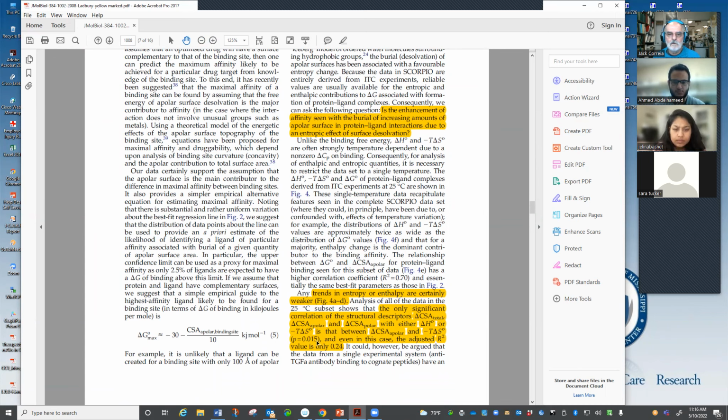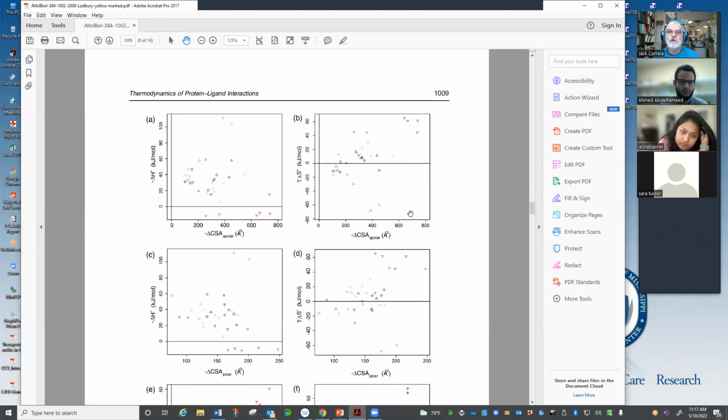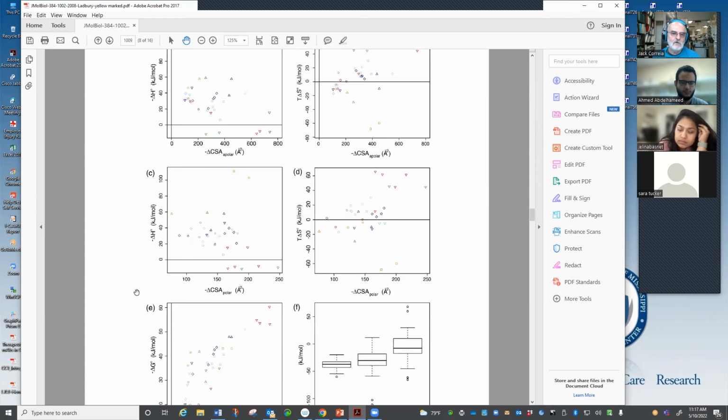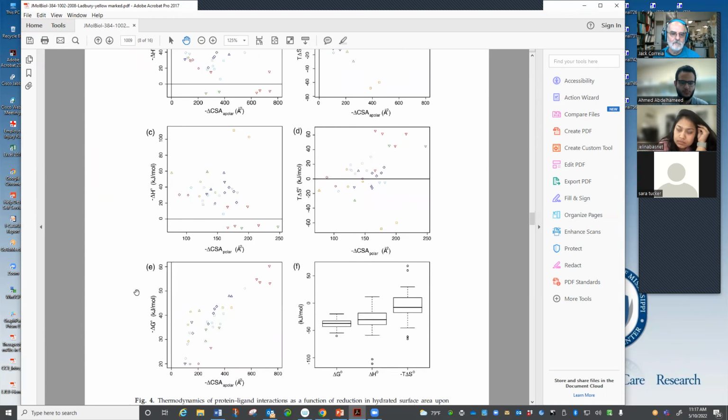And even in this case, the adjusted correlation is only 0.24. So they're talking about this data right here. And that's a pretty lousy correlation. The others are worse. And so there seems to be no obvious trend in the data.